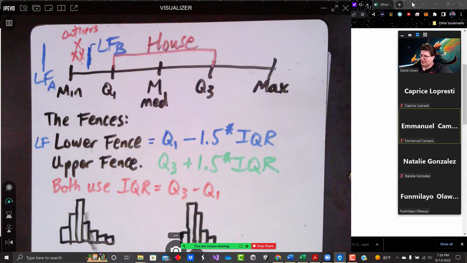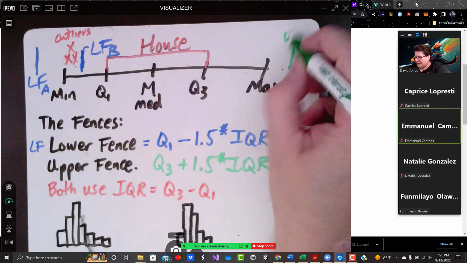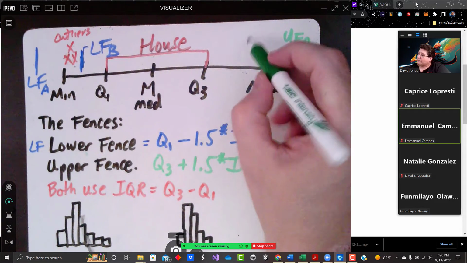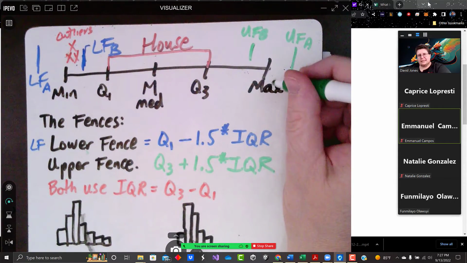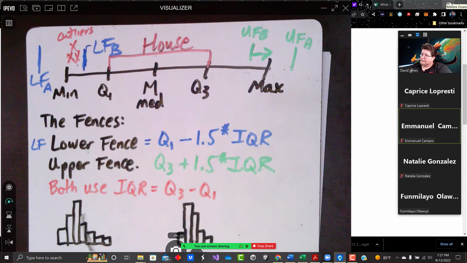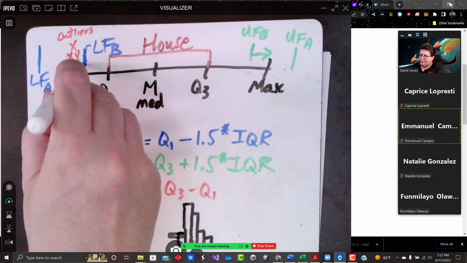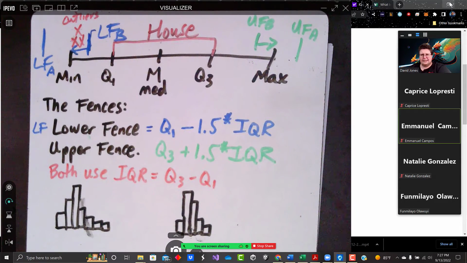The same thing happens with the upper fence. I could have the upper fence be outside our data range, or I could have it be inside the data range. If it's inside the data range, anything past that line is an outlier. Same thing with the lower fence: anything past it going downward is an outlier.